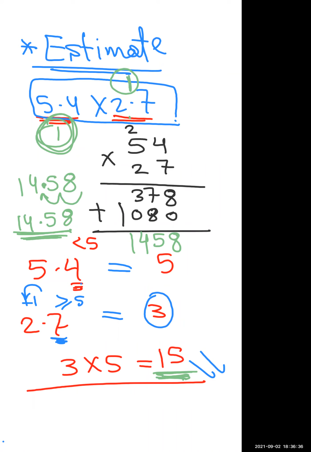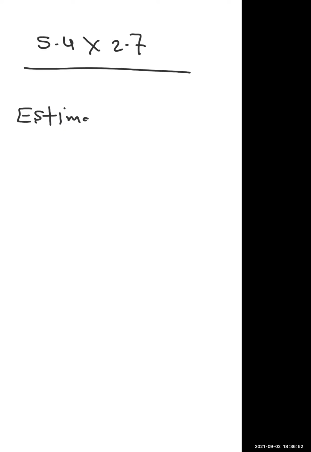Okay, no problem. I'm going to explain it one more time. The two numbers are 5.4 times 2.7. So the estimation of 5.4 equals 5, because this digit is less than 5, so we can't increase the next one.